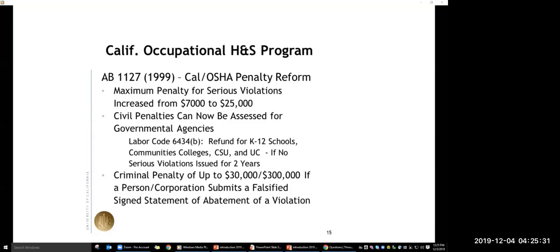If the individual school location receives no serious Cal-OSHA citations for 2 years, the school would be able to petition for a refund of the civil penalty. 3, persons or corporations who have been found to have falsified a signed statement of abatement of a violation can be assessed a criminal penalty of up to $30,000 for an individual or up to $300,000 for a corporation.